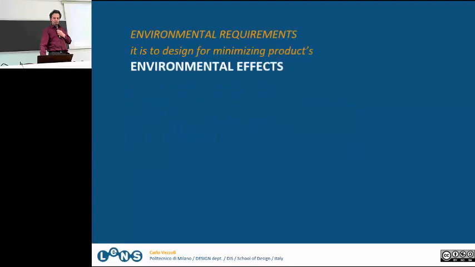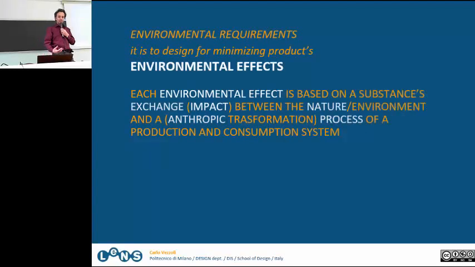Where are the environmental requirements from? They are coming from the environmental effect or the environmental impact. We said something in the other lecture about the environmental impact that could be related to a product.